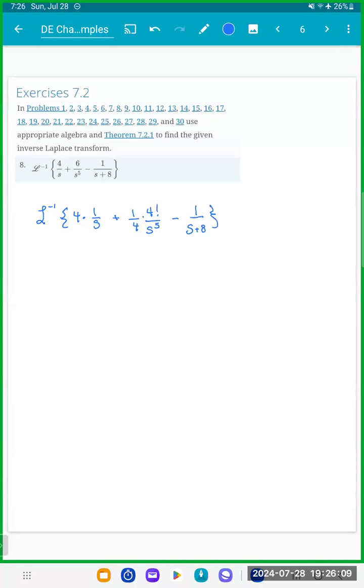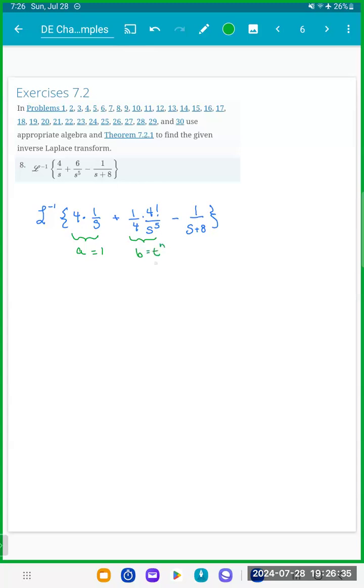I'll point out here that this is saying that a is equal to 1, or we're using that definition there in the theorem. This second term, we're actually using the b, and that tells us that we're using t raised to the n.